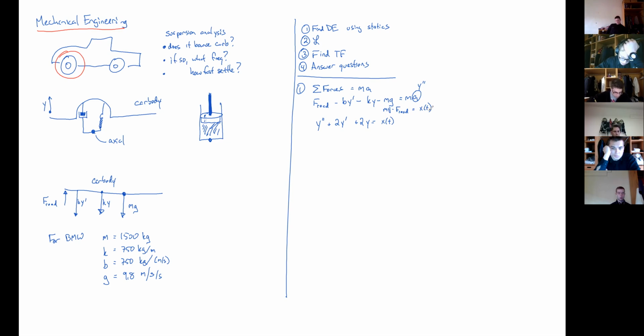So this is what statics will give you, and there's your differential equation.